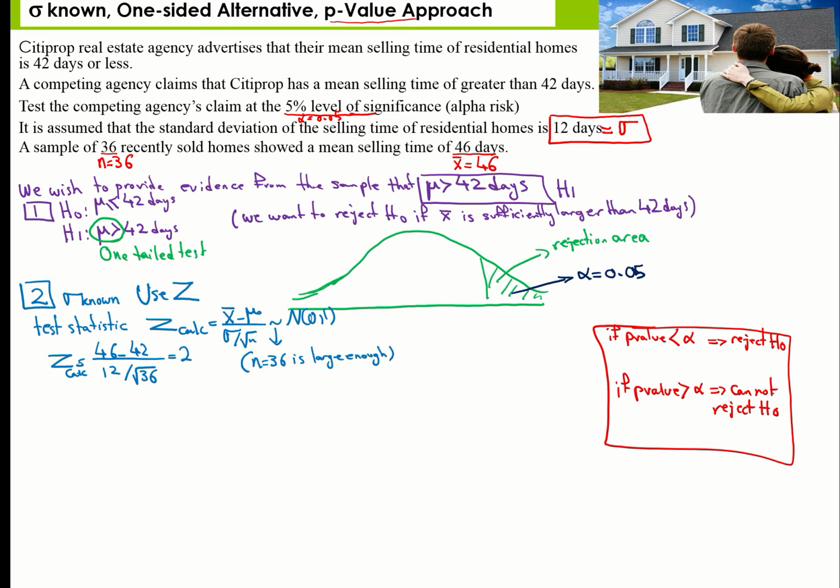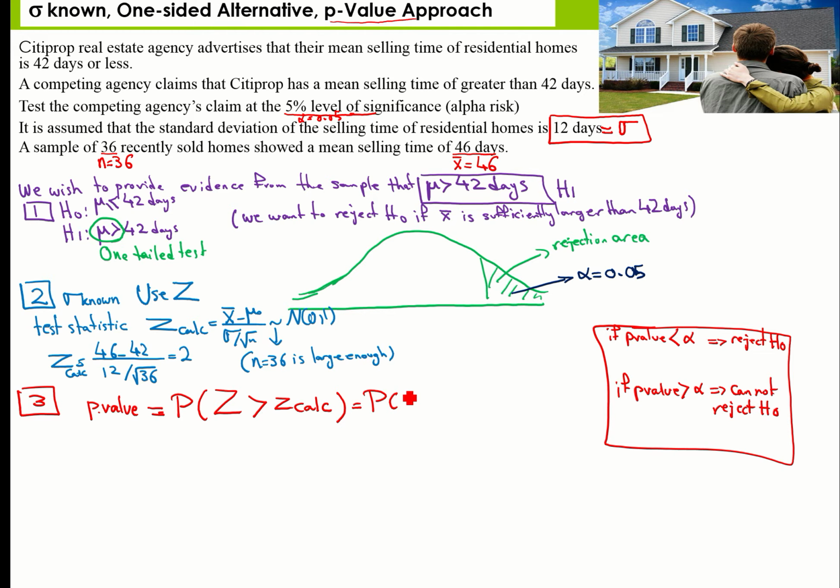Okay, have a look at this. First, let's calculate the p-value here. What is the p-value? Actually, the p-value, because we have a one-tail test, is the probability that z is greater than z calculated. Because we have a one-tail test and it is the upper tail, we have to find the probability of z greater than z calculated to find the p-value.